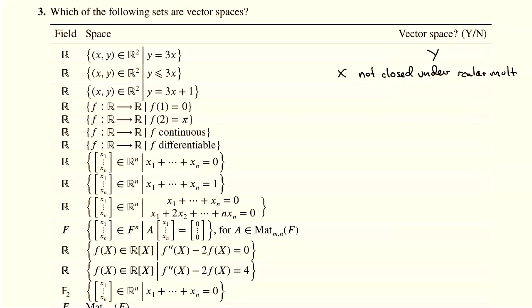No, for various reasons, but what's one quick reason? Yeah, the 0 vector. That's not one of the things in the subspace criteria, but it follows from the subspace criteria, or just from being a vector space. This doesn't have the 0 vector, so you're already sunk.